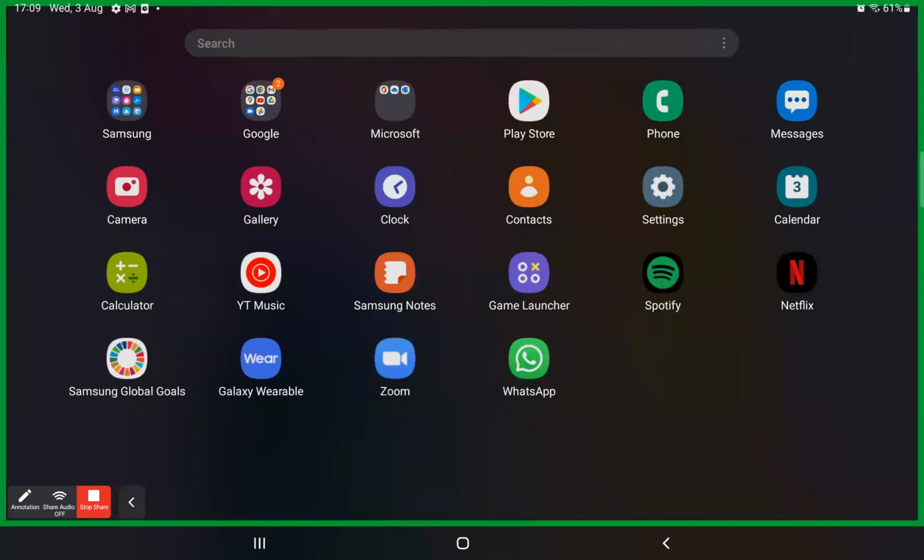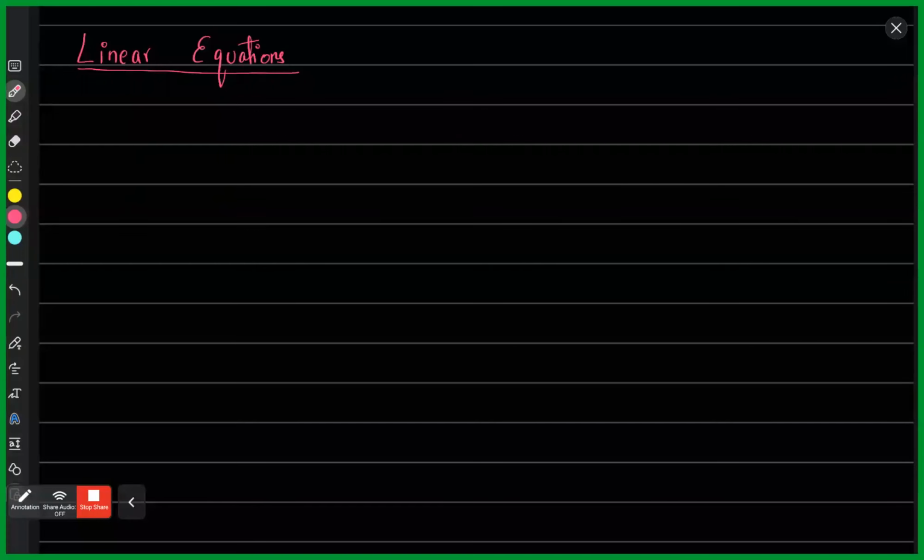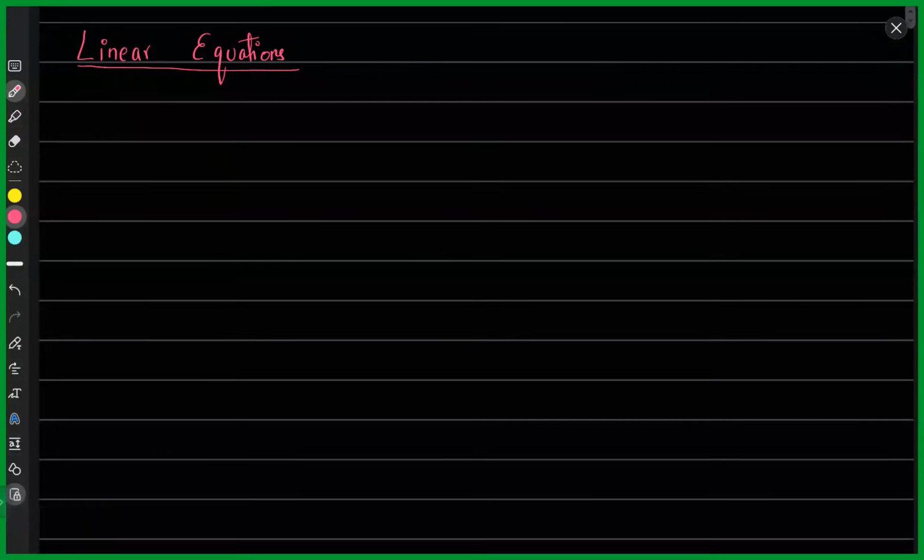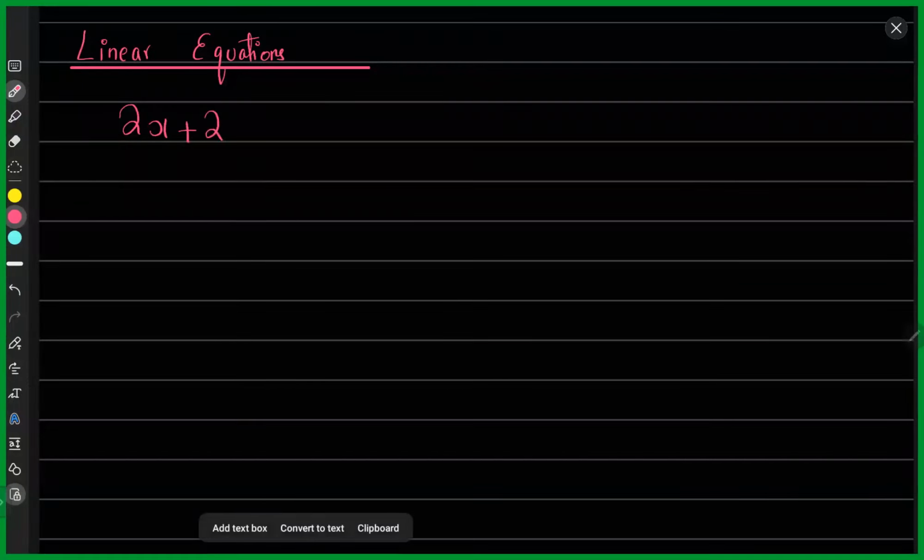Okay, now first let's quickly see what exactly linear is. If I talk about some random linear expressions, it would be 2x plus 2. This is a linear expression. It would be 3y minus 4, t plus 6, y plus 5.